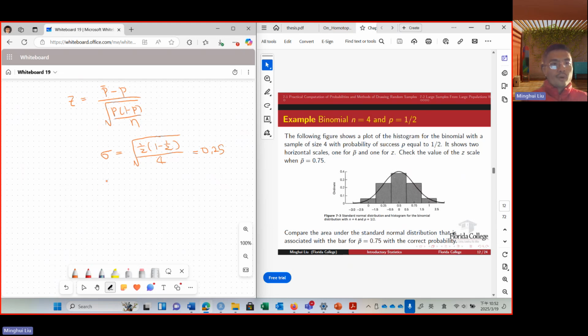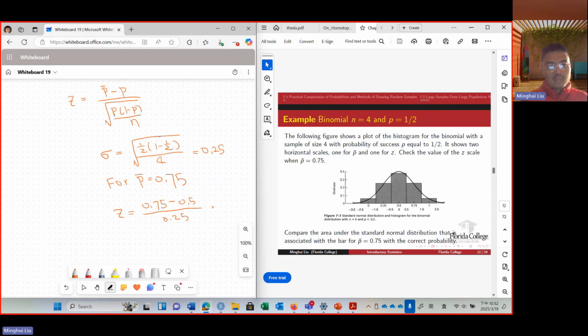And for this p bar value equals 0.75, that's this p bar value right here, we can calculate the z value, which is 0.75 minus 0.5, that's the true value, over sigma, which is 0.25.